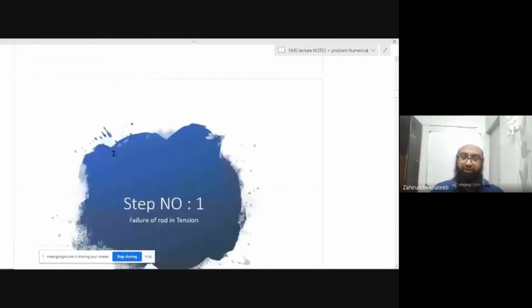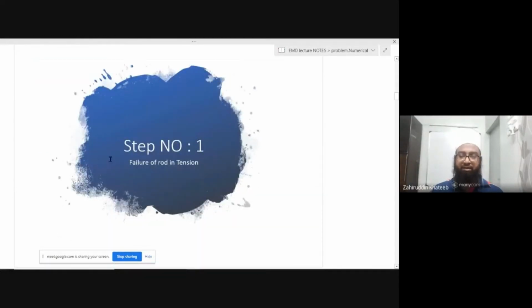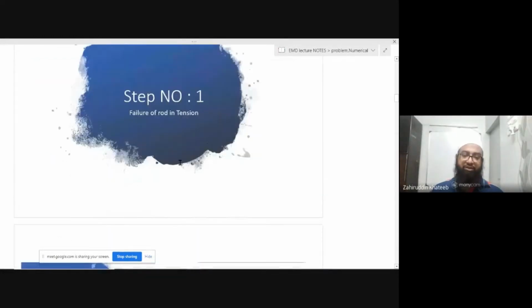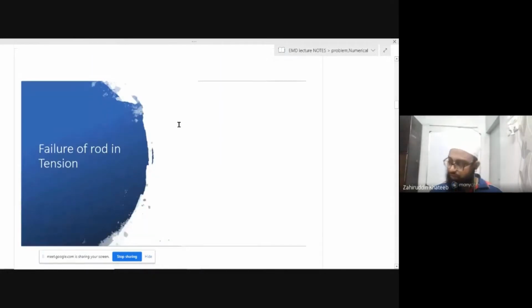Now, the first step in designing a knuckle joint is failure of rod in tension. So sigma t is given as W upon pi by 4 into d square.